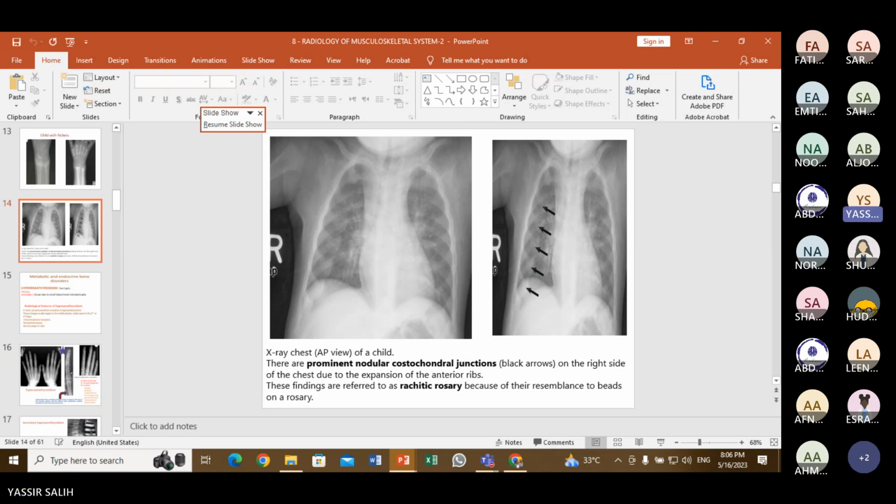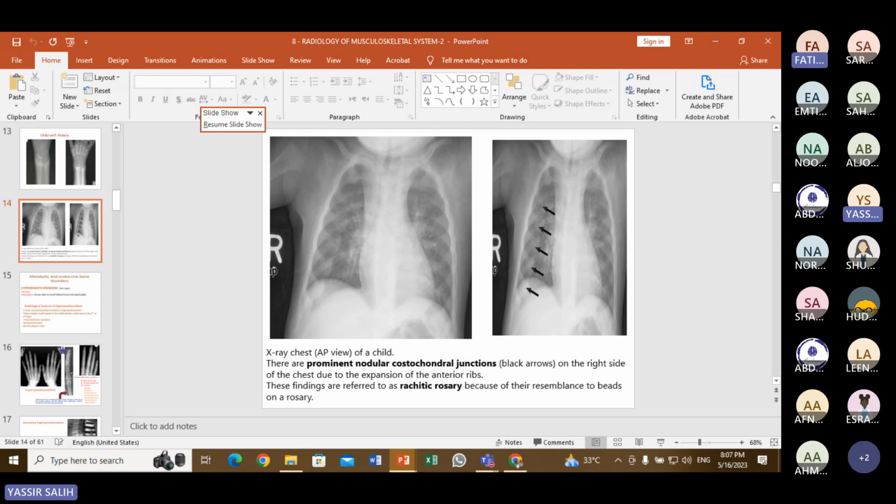What is the commonest site of this subperiosteal resorption? The middle phalanx. Which finger? The second and third fingers. Which aspect?